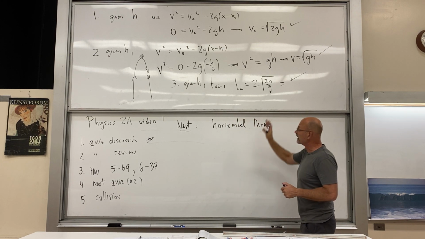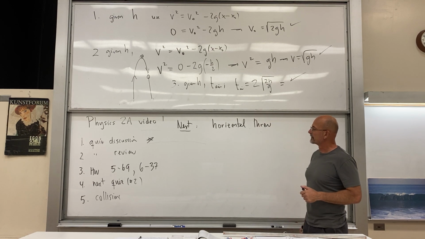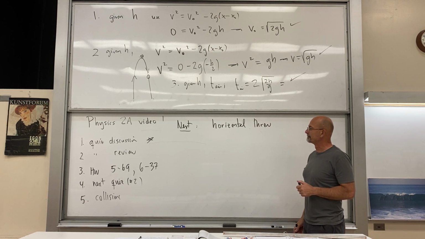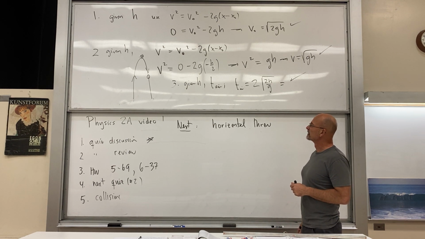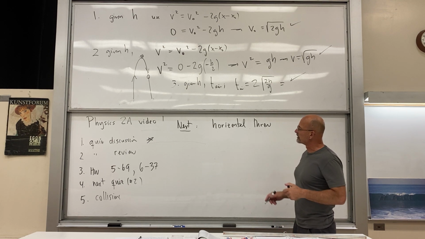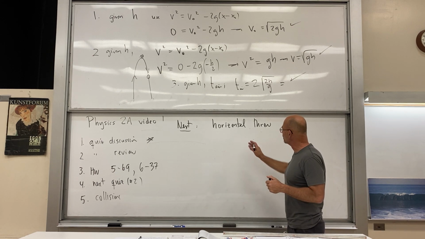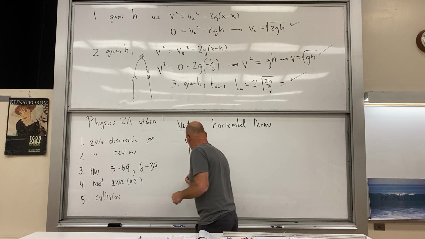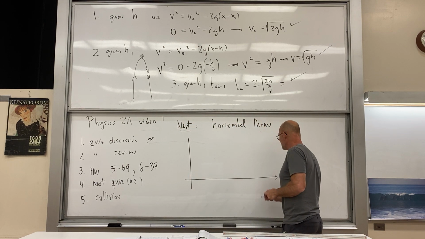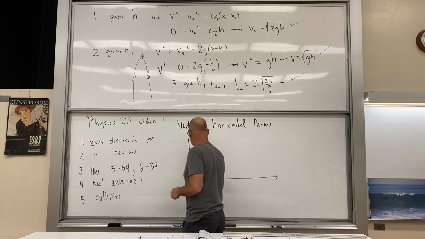I won't have three separate questions this time. I'll try to formulate it in one, but we'll see. I'm not making any promises on that. I want it to be doable. So let's look at the horizontal throw. This is really the key thing here.